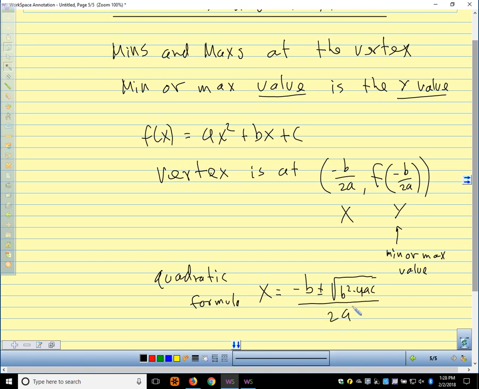There's negative b over 2a. It's not a coincidence, because the quadratic formula comes from completing the square here and then solving for x. So these are all related. They're not separate things, they're all just one thing.